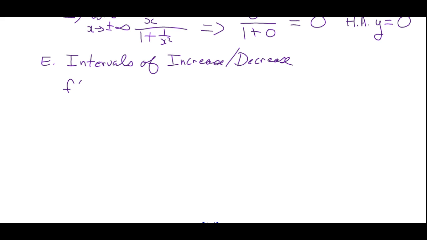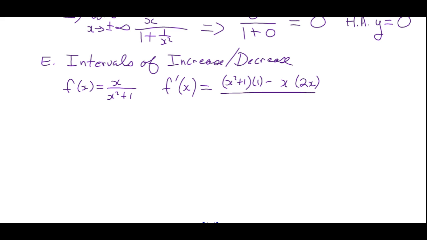So let's just say f of x is x over x squared plus 1. f prime of x. It's been a while. It's the quotient rule: x squared plus 1 times 1, so it's the denominator times the derivative of the numerator, minus the numerator times the derivative of the denominator, over the denominator squared.